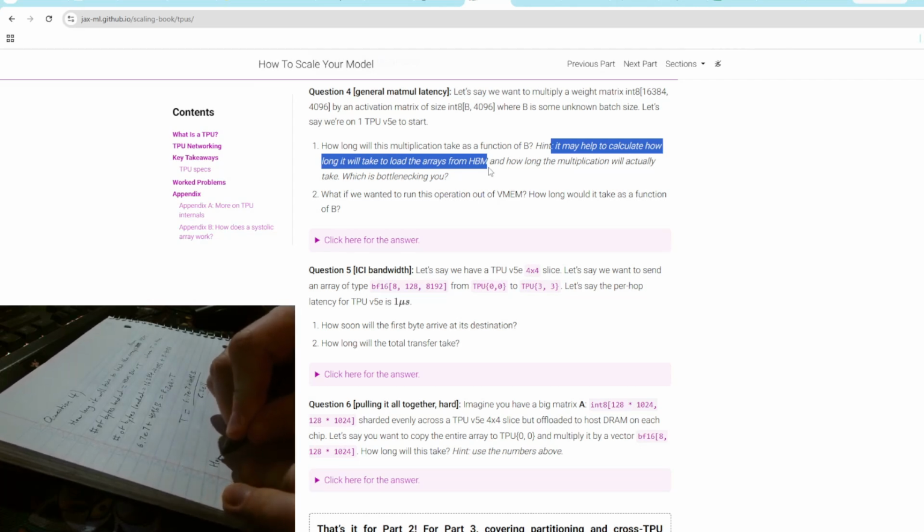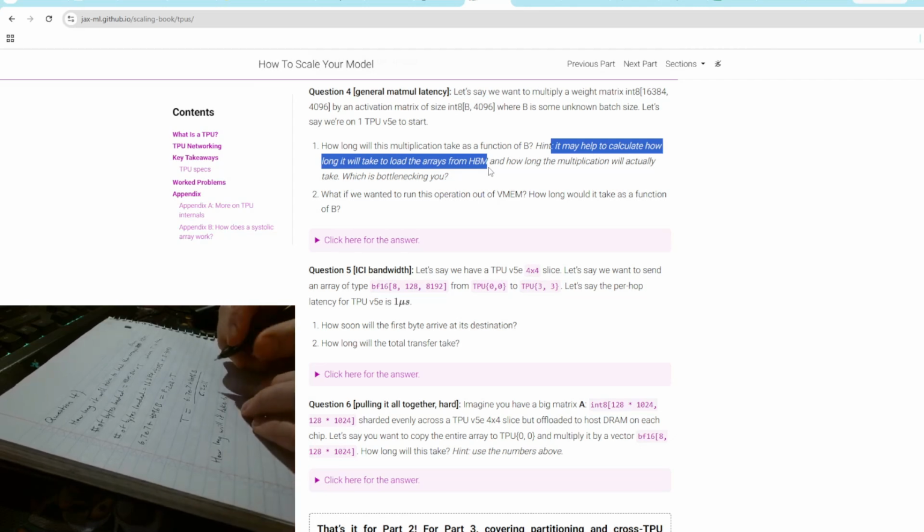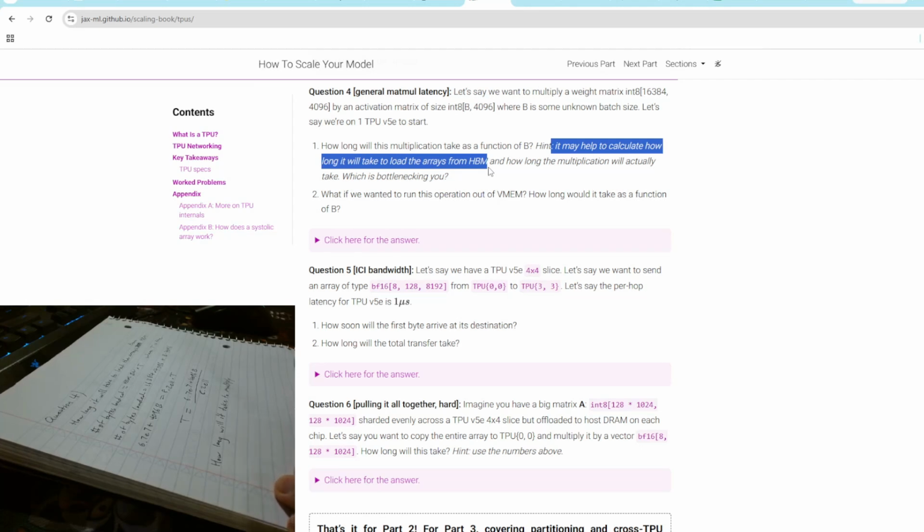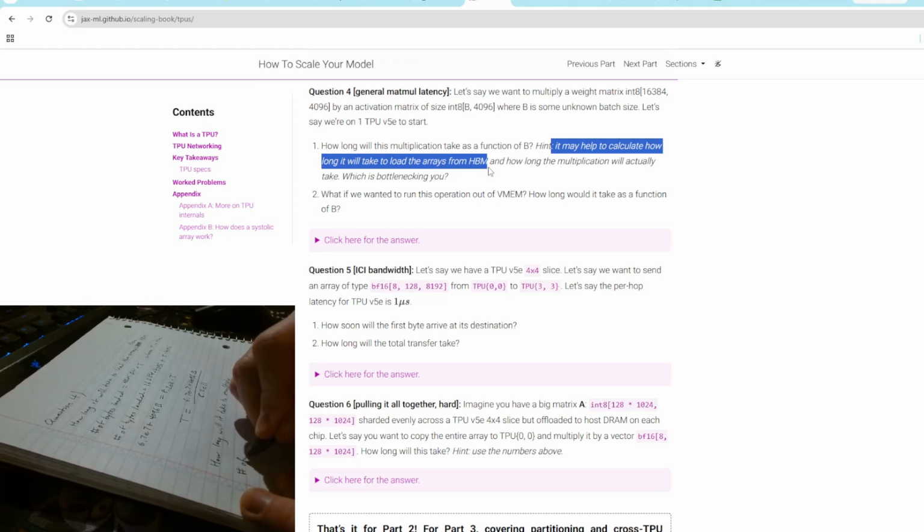Let's say now, how long will it take to multiply? So again, distance rate equation. So this is number of flops.